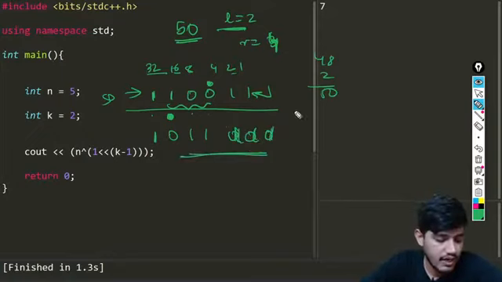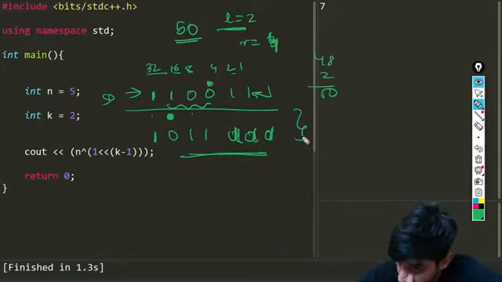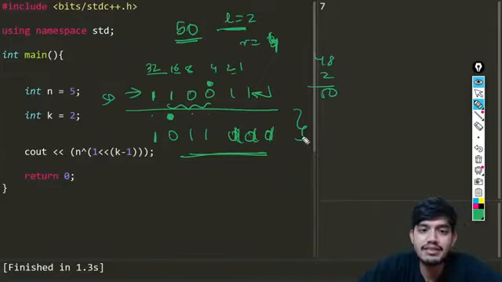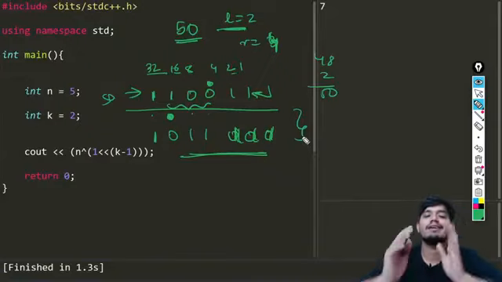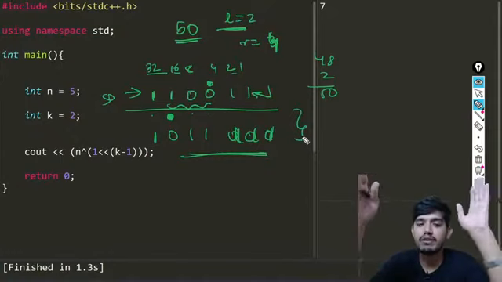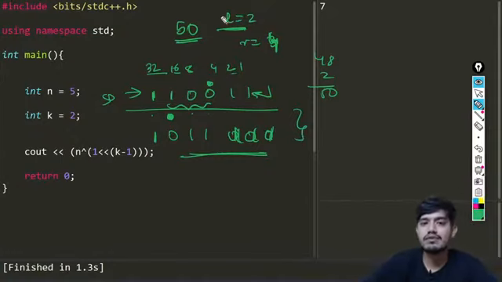So just try to do this, and tomorrow we'll be discussing how we can toggle the bits in a given range. In this case the range is from L equals 2 to right equals 4. This is what we want to do in the next class.